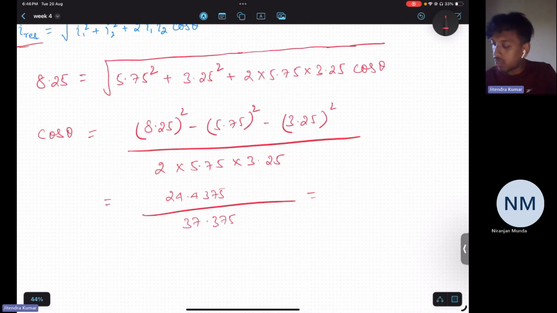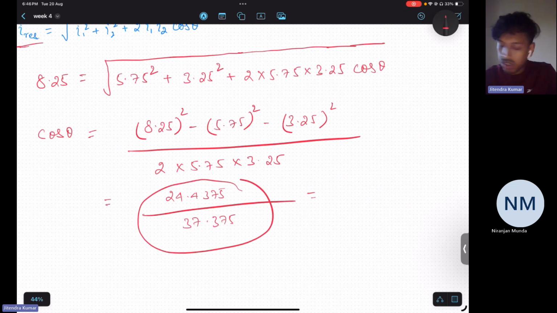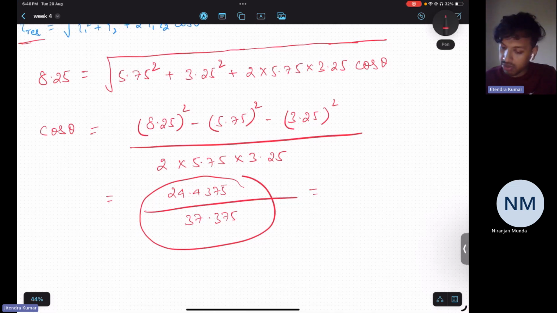I hope these are correct. I'm calculating it. 24.4375 divided by 37.375 is coming out to be 0.6538. This is cos theta.